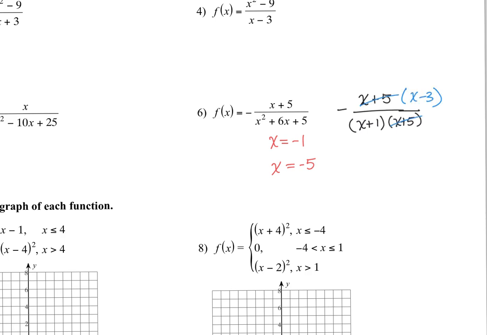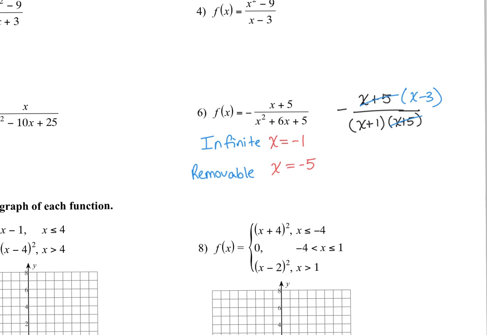I could get rid of my -5 problem by canceling it out. It cancels out. -5 is considered removable. Then I have one I cannot get rid of. That's clearly the -1. That is my infinite. And so those are your 3 types of discontinuities. You have a jump.